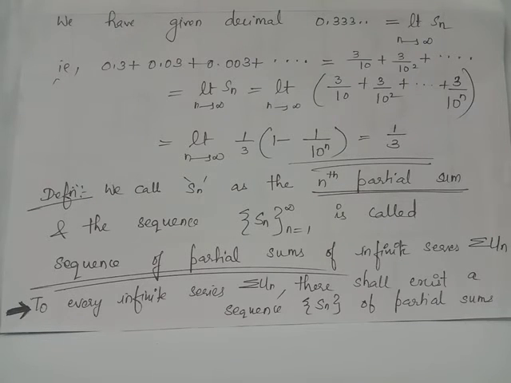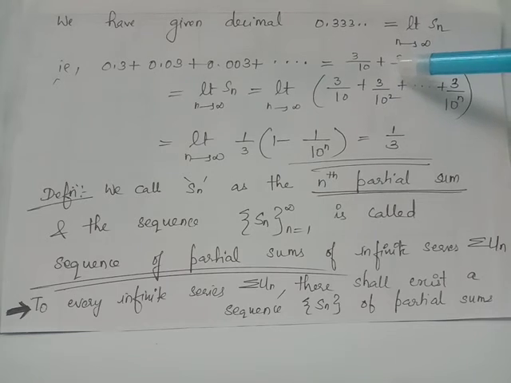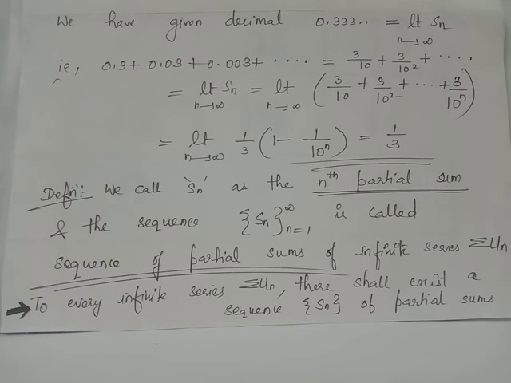Therefore, the answer for this expression will be 1 by 3 itself, which means that this decimal 0.3333 is equivalent to 1 by 3, or this infinite series will converge to the sum 1 by 3.